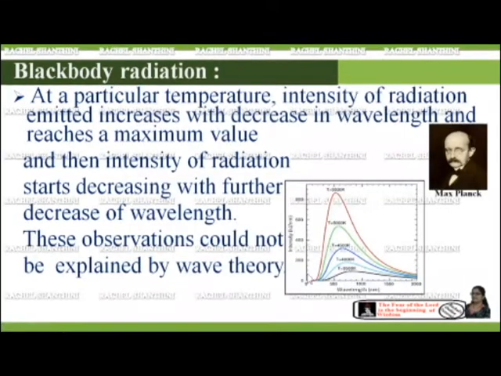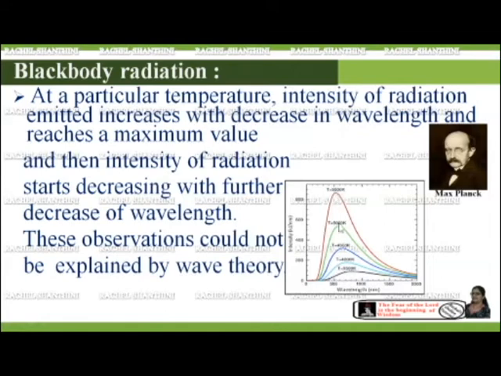If we plot the graph of intensity versus wavelength, as the temperature increases, the peak obtained at a certain wavelength also increases. It reaches a maximum at a certain wavelength and then decreases with further decrease in the wavelength at a given temperature.